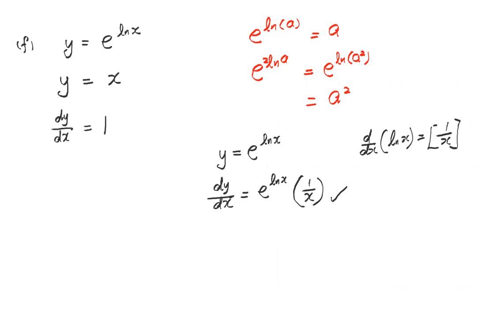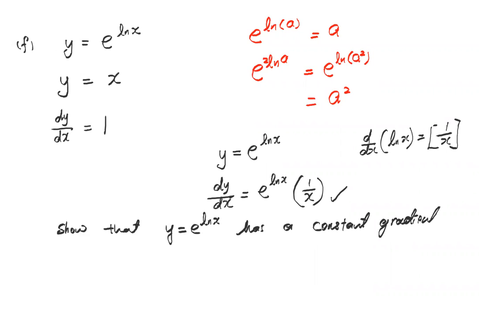If I change this question like that, show that y equal to e to the power ln x has a constant gradient of 1, then you will be in trouble. You have to learn how to simplify this. If I set the question like that.